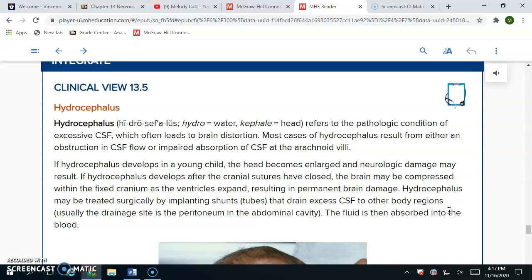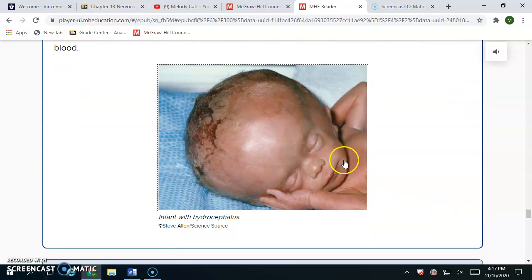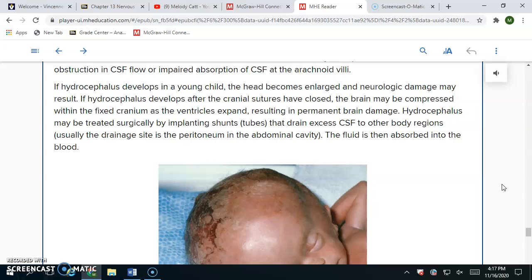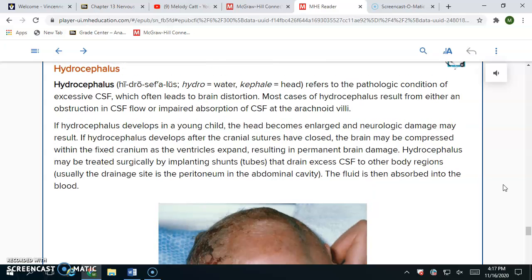They still have those soft spots called the fontanelles. And so what you can get is an enlargement of their head because of that excessive fluid in the spaces around their brain. That can still cause some pressure on the brain too, which could cause neurological damage.